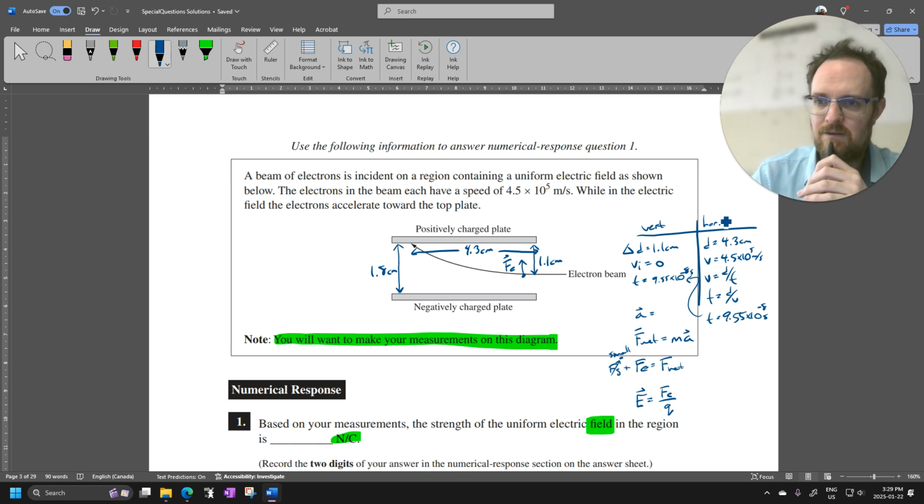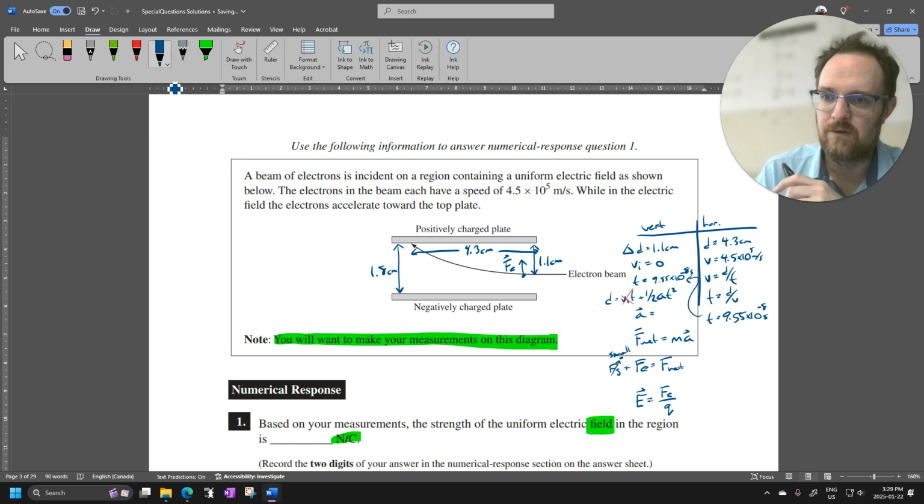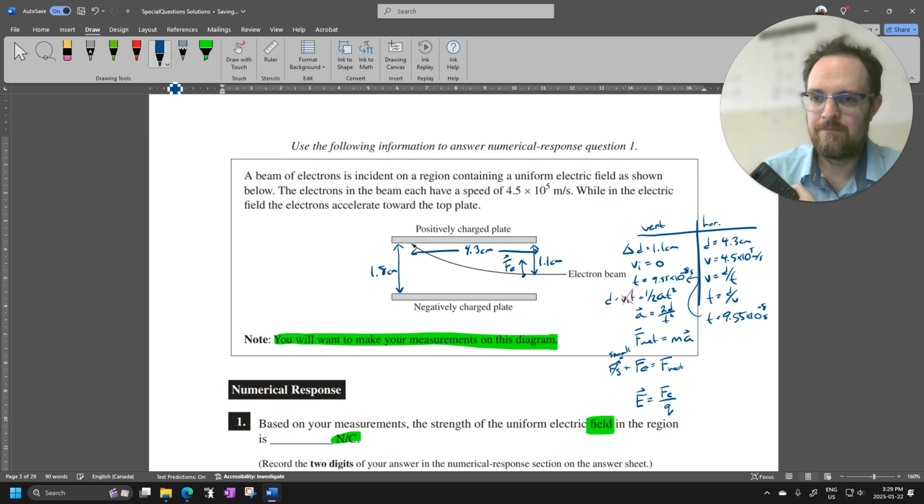I'm going to run out of space here. Now v_i t is equal to 0 because v_i is equal to 0, and I can rearrange this, so it's going to be 2d divided by t squared.